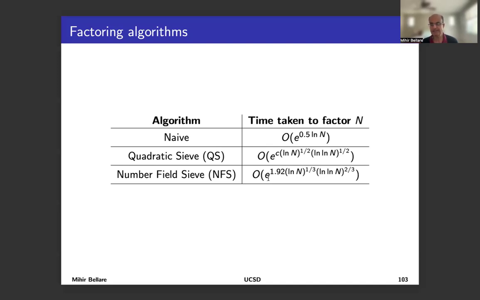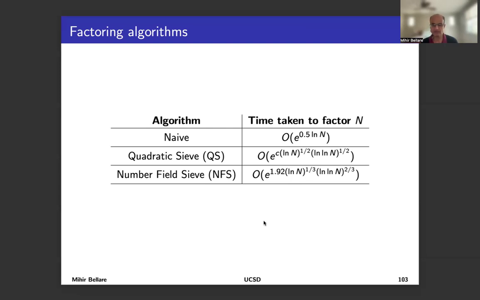They involve raising e to powers, where those powers involve log n and then cube roots of it, or here square roots. And it takes some work to see their growth rate. But roughly speaking, their growth rate is way better than the naive algorithm, but still slow enough that for large n, these values are prohibitive.